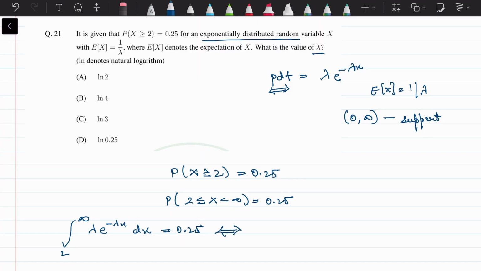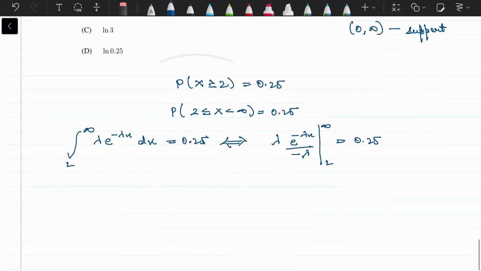And if we integrate this expression now, it will come as lambda, and the lambda is constant, so the integral of e to the power minus lambda x would be e to the power minus lambda x divided by minus lambda, over 2 to infinity, and this is equal to 0.25, right?